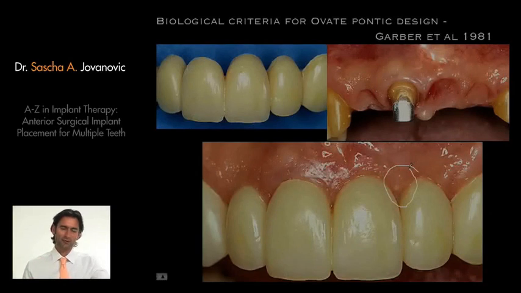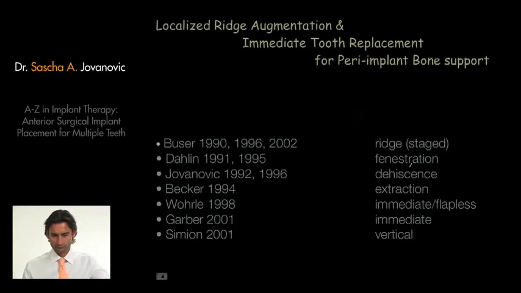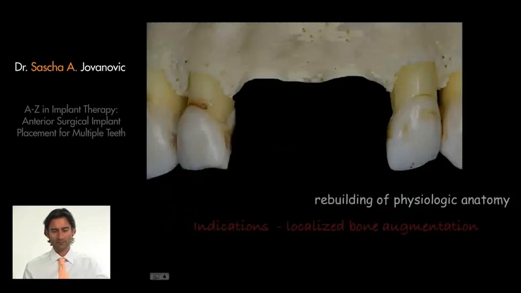So as an example, if we have 3 teeth missing, we'll place 2 implants with 1 pontic in between. That usually gives us more control over the aesthetic result than when we place 3 implants next to each other. Okay? And we're going to now look at some of these treatments in the particular patient presentation.